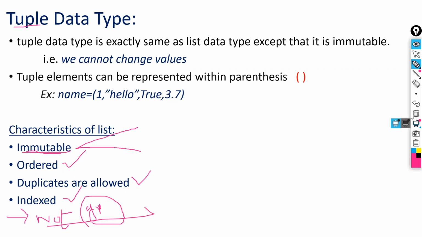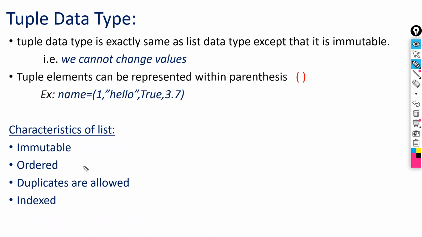The only change is immutable. Like IODI, instead of MODI, you can remember IODI. IODI means immutable, order, duplicates allowed, and indexed.